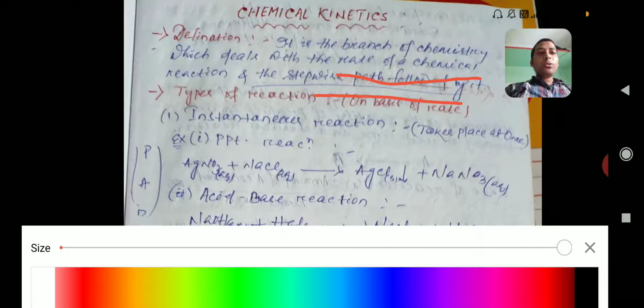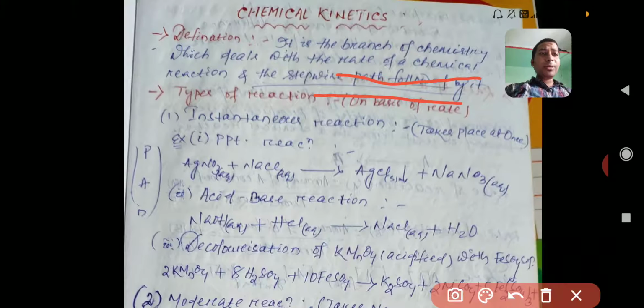Now moving on to the next part: how many types of reactions are there on the basis of rate? So know the concept of rate. What is the rate of a reaction? Rate of a reaction is the velocity or speed at which a reaction proceeds, the rate at which the amount of reactants consumed and the amount of product formed are measured.